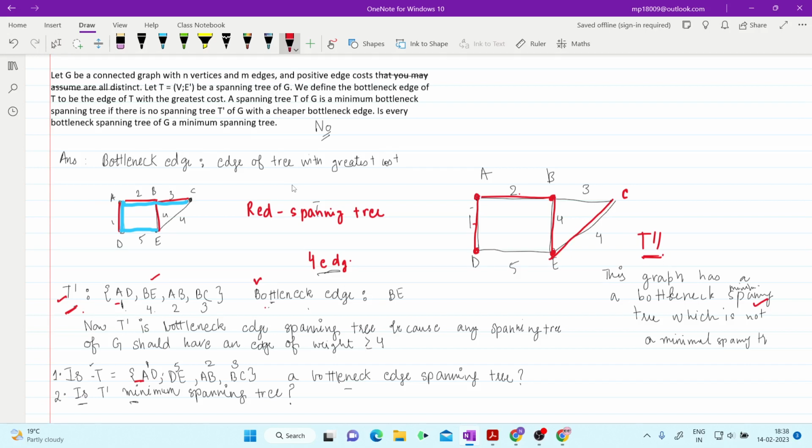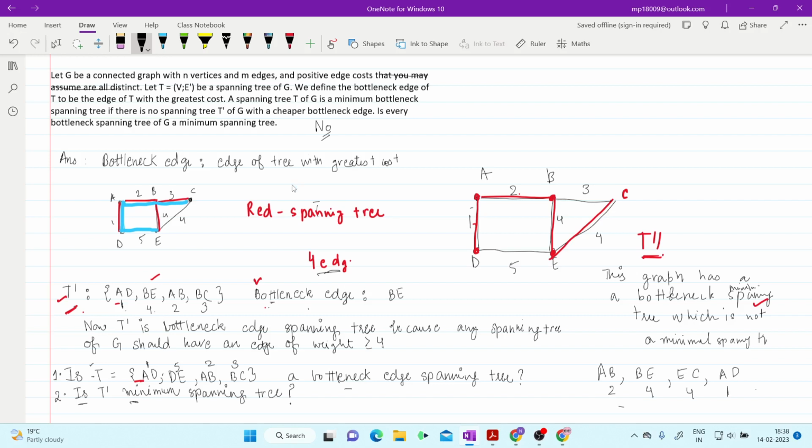Yes. So if you look at why this is not a minimal spanning tree. In this the edges are AB, BE, EC, and AD. And what are the corresponding weights? AB has weight 2, BE has weight 4, EC has weight 4, and AD has weight 4.